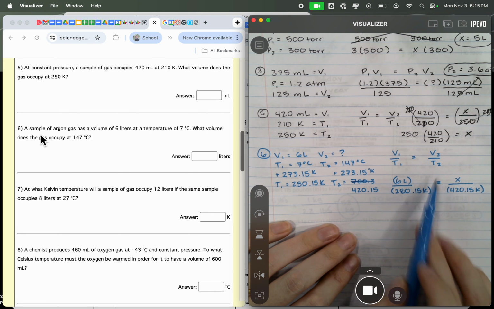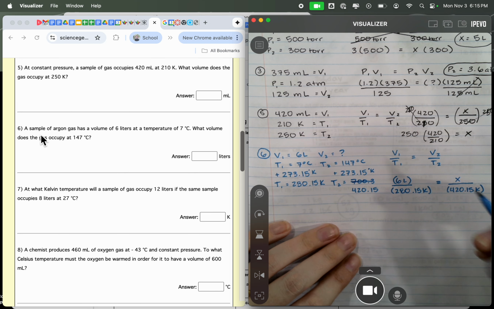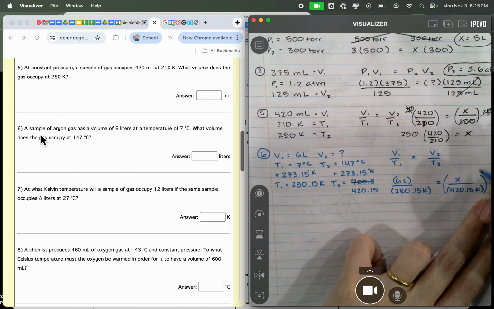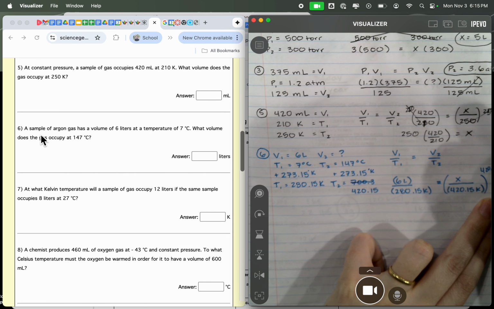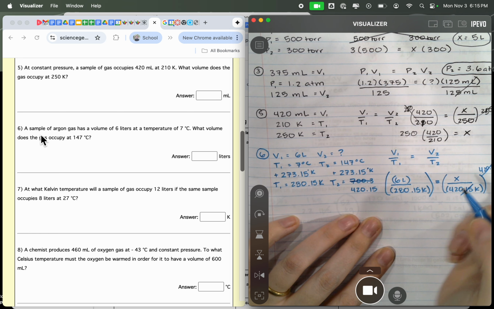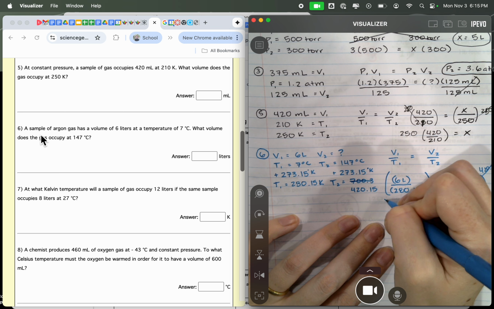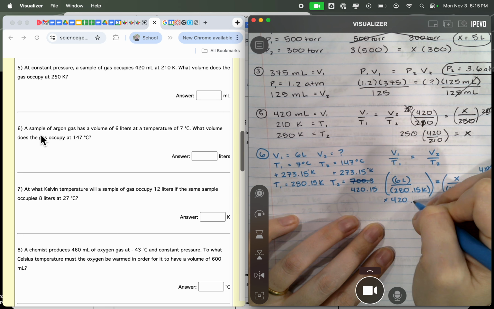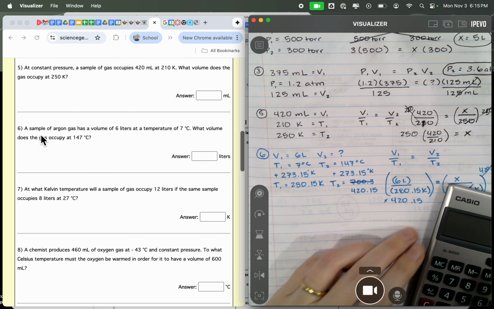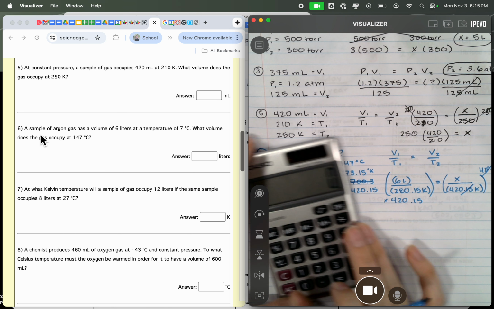All right, so how do we solve for X? Well, multiply both sides by 420.15 so that this will cancel out and we'll get X all by itself. Okay, so let's see what happens when we do this. Put my calculator where you can see it.